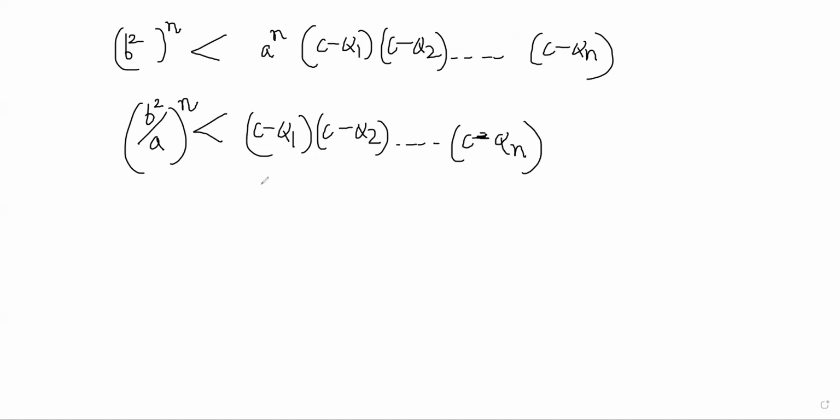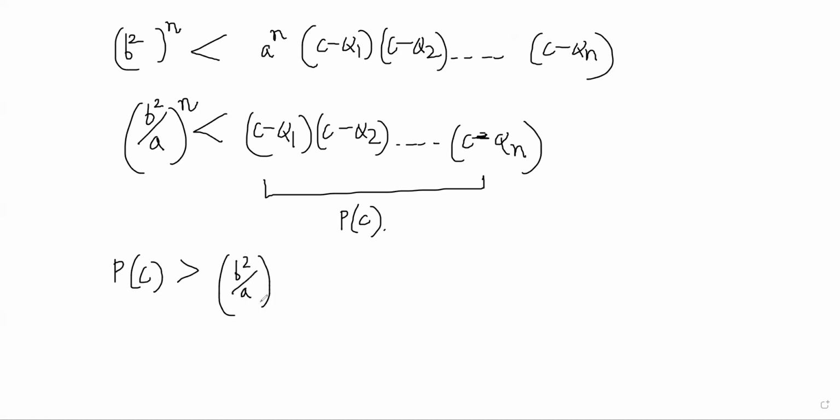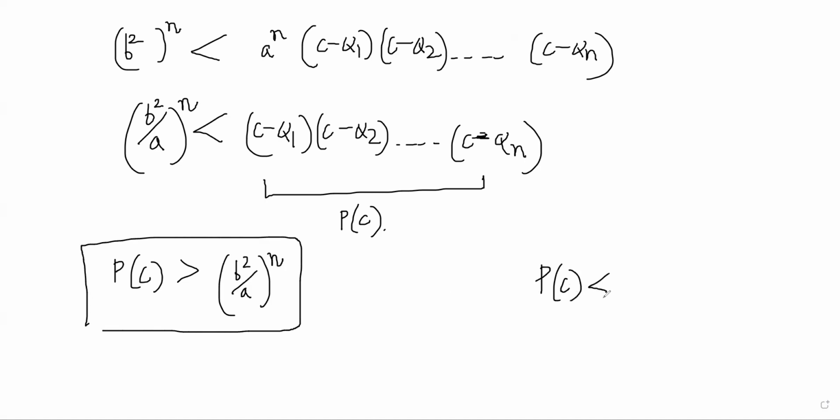And we know that this expression is actually equal to p of c. So what we are getting now is p of c is greater than b squared by a power n. But in the problem it was stated that p of c is less than or equal to b squared by a power n, which is a clear contradiction.